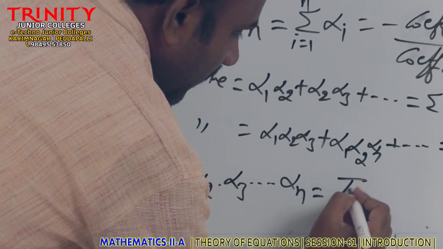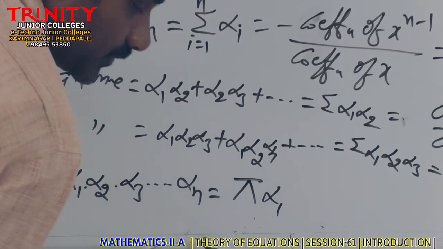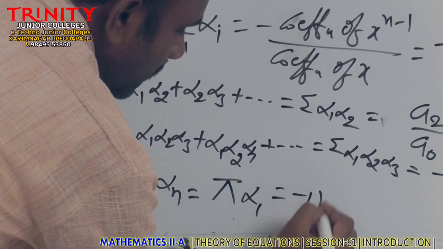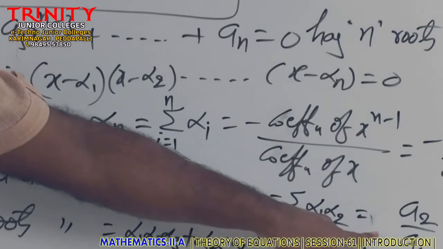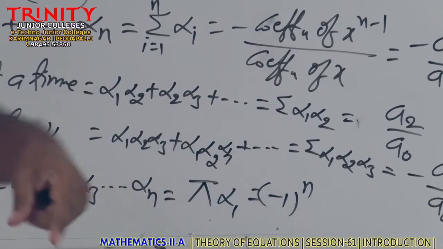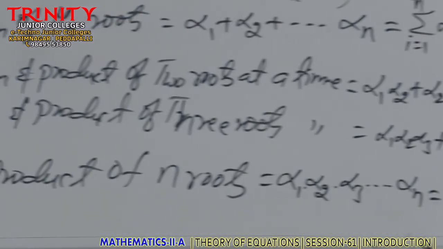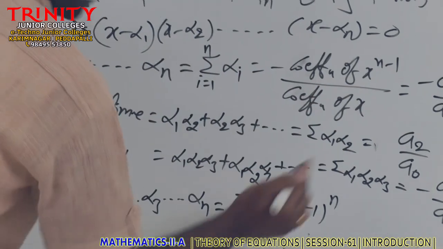The product we can represent with pi, the product of alpha i, which is equal to minus 1 whole power n into an by a0. Why? Because S1 is minus, S2 is plus, S3 is minus, S4 is plus, S5 is minus, S6 is plus. Therefore, for Sn we don't know; that depends on the value of n. So it is minus 1 whole power n into an by a0.